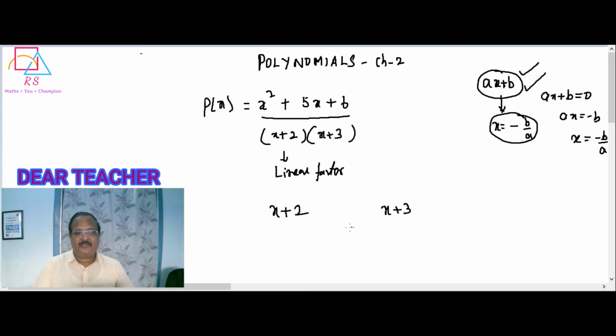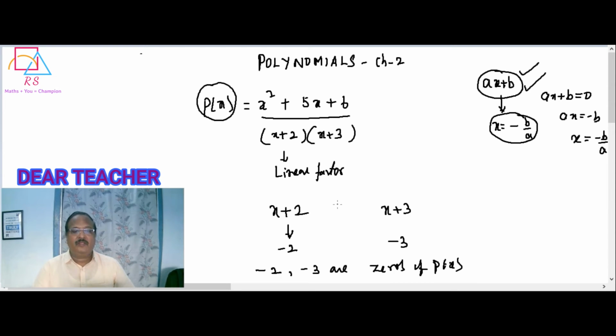These two are linear polynomials. The zero of the first is minus 2 and the zero of the second factor is minus 3. So minus 2 and minus 3 are the zeros of p(x), that means the given polynomial. So this is model number 1, how to find the zeros.